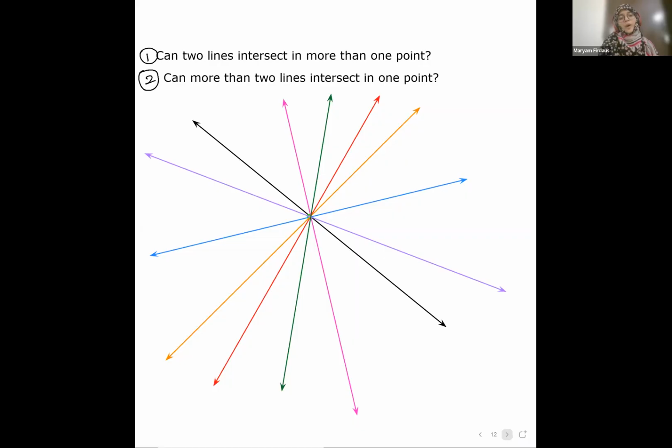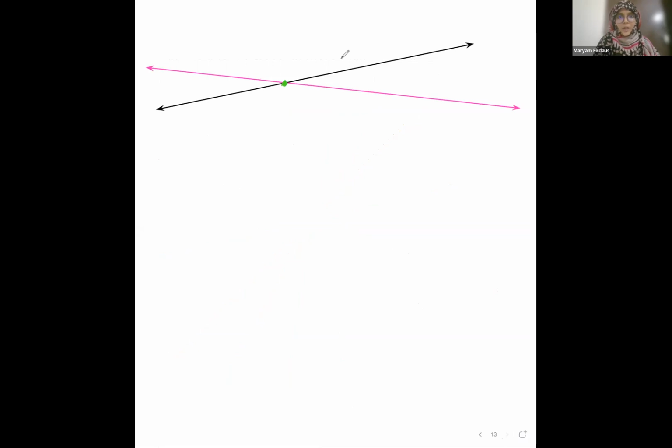All right. So now, what is the answer for the second question? Can more than two lines intersect in one point? Yes. Now, another question I have for you. Let's say we have 2 points.